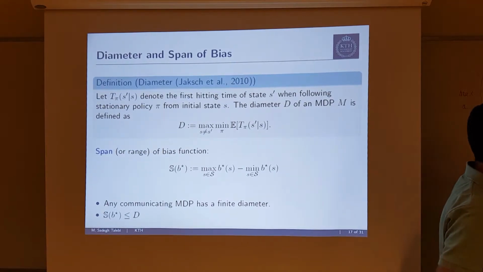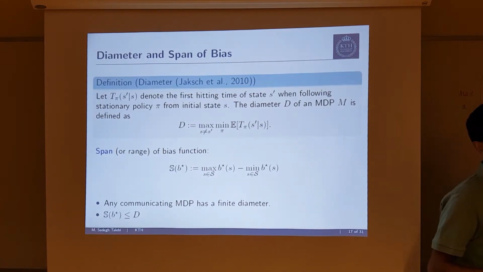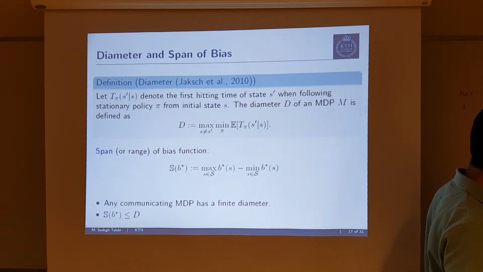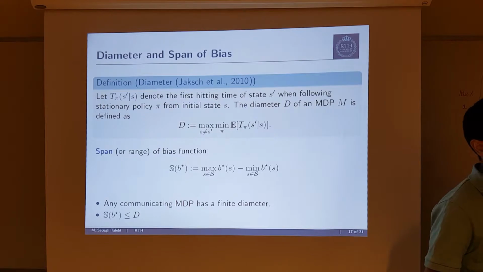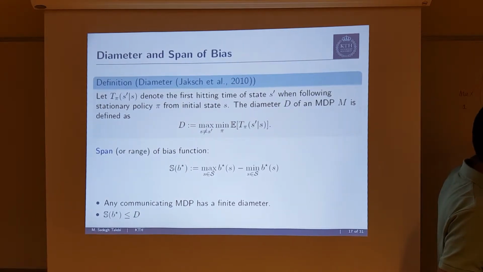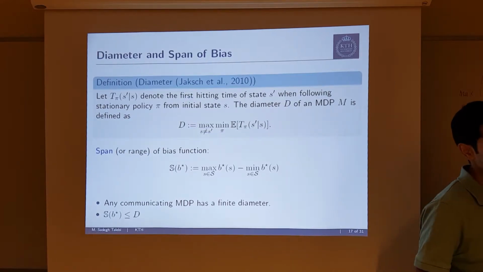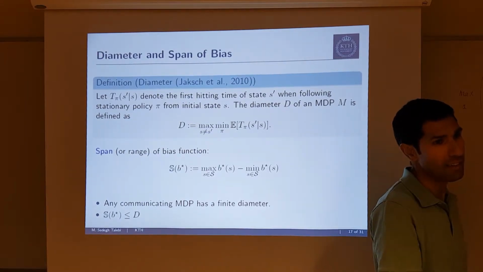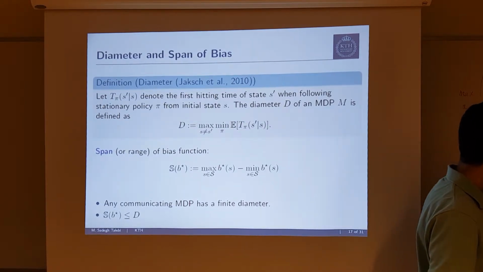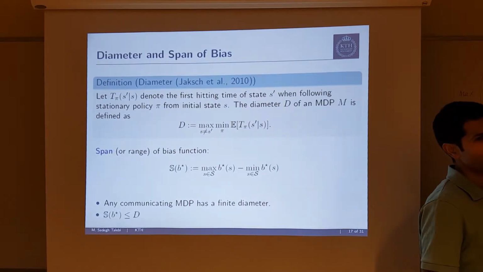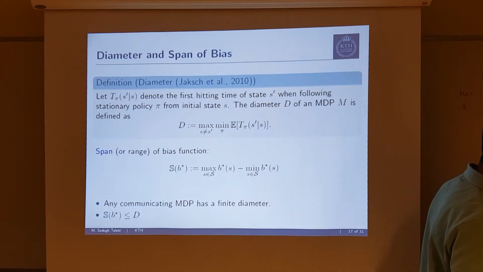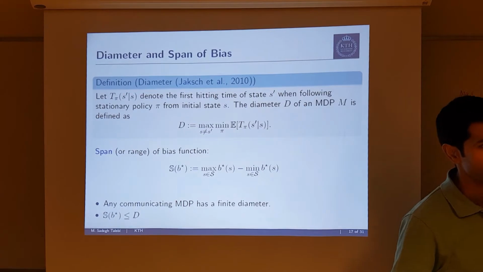Since it is determined up to an additive constant, this interpretation holds here. So this Bellman equation admits the same interpretation as in the discounted case. In the discounted case, it's more intuitive probably, but it has the same interpretation here. It's a bit more complicated probably, but it admits the same interpretation.